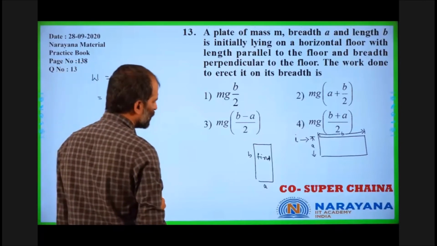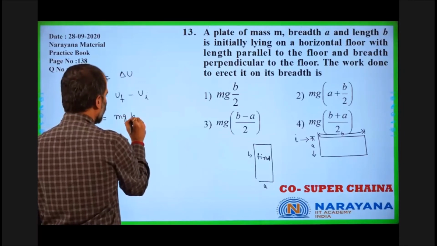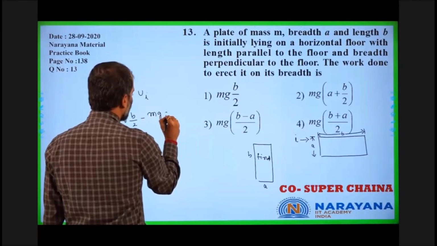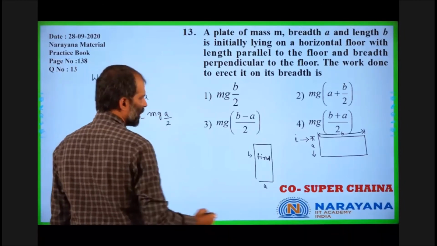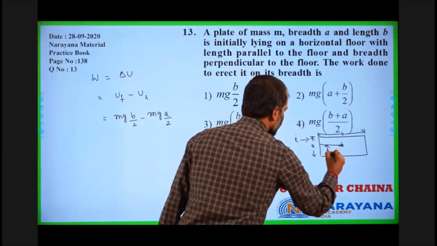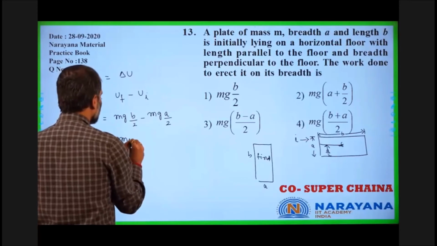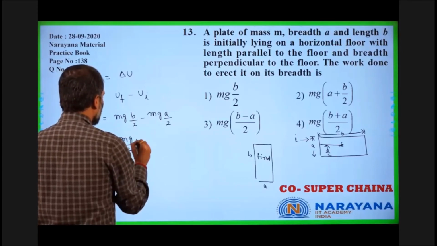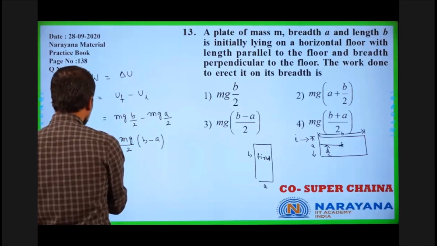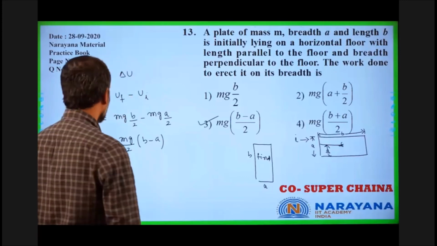Final potential energy is mg into b by 2 minus mg into a by 2, since initially the center of gravity lies exactly at the center, at a distance of a by 2. So it is equal to mg by 2 into (b minus a). This is the work done, which is matching with our third option, right?